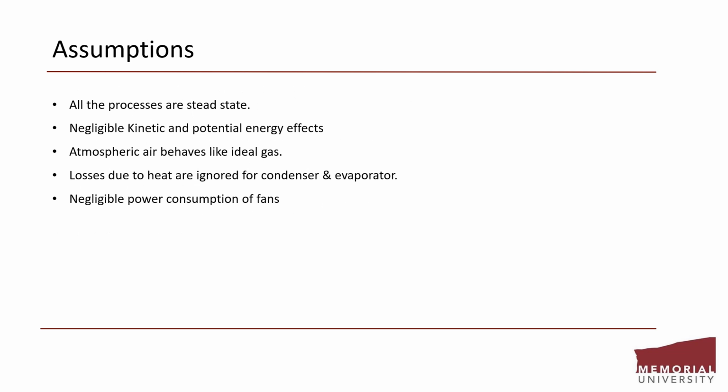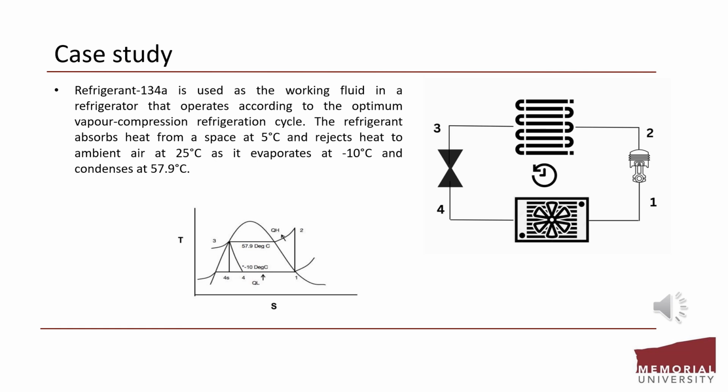Listed are some assumptions which we have made for our calculations. Now we will look at an ideal vapor compression refrigeration cycle that uses R134A refrigerant. Here, the refrigerant absorbs the heat from a space at 5 degrees Celsius and rejects it to 25 degrees Celsius, as it evaporates at minus 10 degrees Celsius and condenses at 57.9 degrees Celsius.